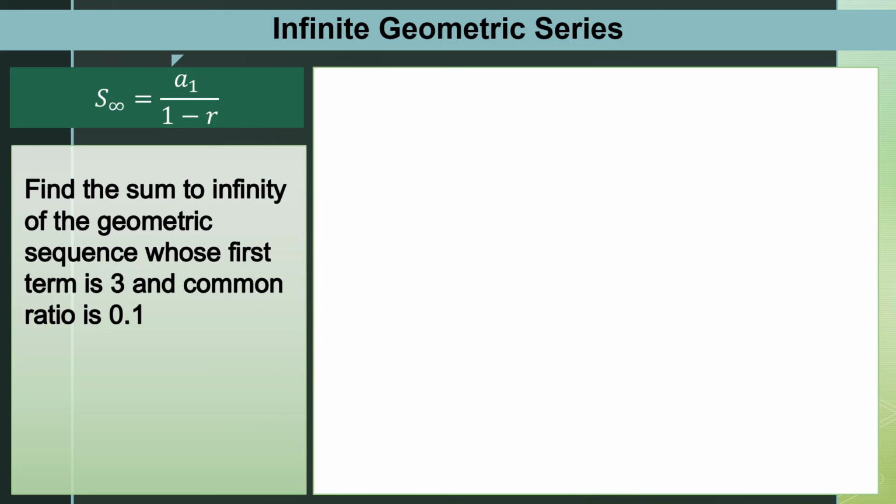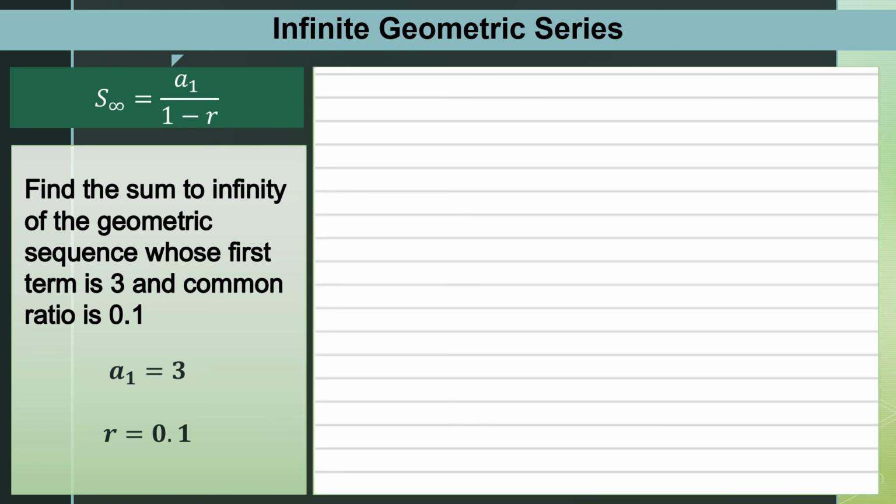So, huli nating example, find the sum to infinity of the geometric sequence whose first term is 3 and whose common ratio is 0.1. I-identify ulit natin ang given. Ang A sub 1 natin ay 3 at ang ating common ratio ay 0.1. So, gamit pa rin ang ating formula, i-compute na natin ang ating S sub infinity.